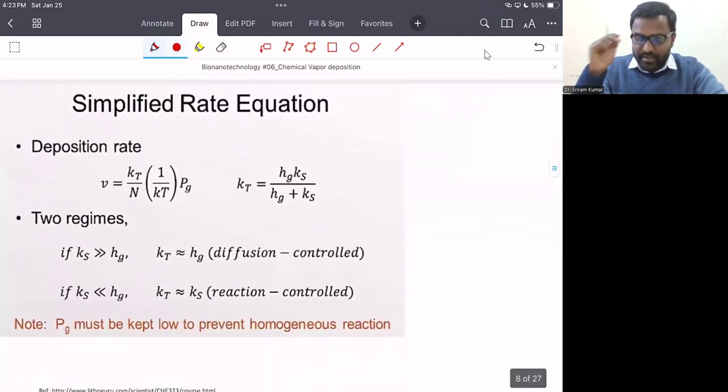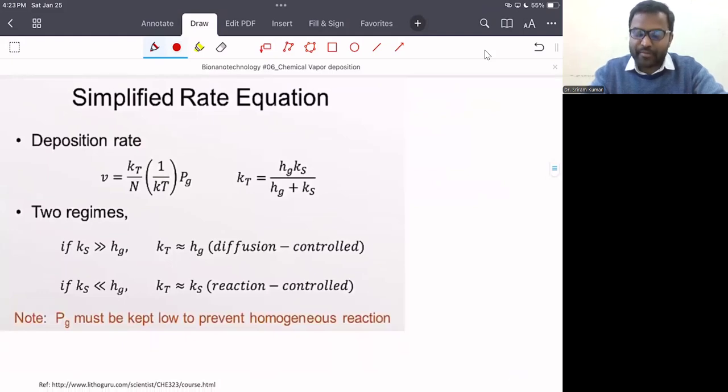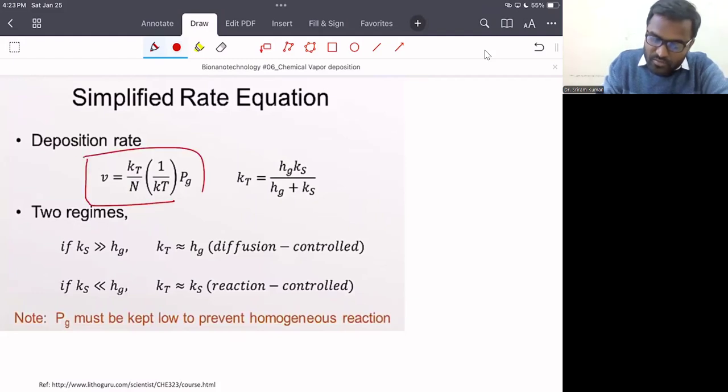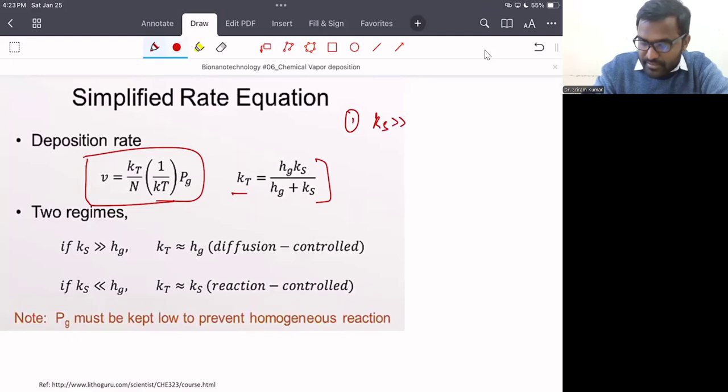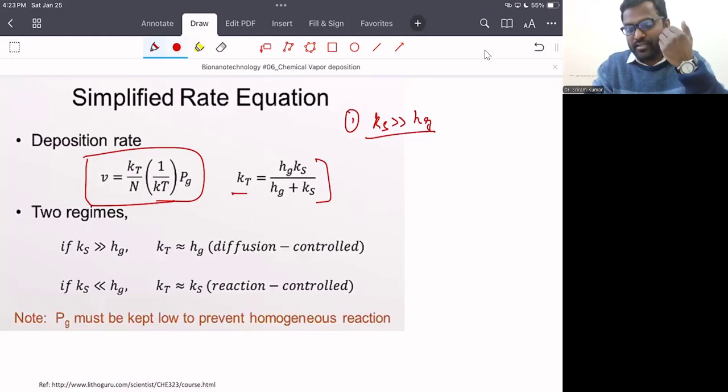Now let's understand the conditions. So we will have these two conditions. This one is the deposition rate, where we have the KT. So in this particular constant, we have two conditions. First condition is if we have Ks greater than Hg. So this is about the surface reaction. The rate constant for the surface reaction is much faster as compared to diffusion of the precursor from bulk to the interface.